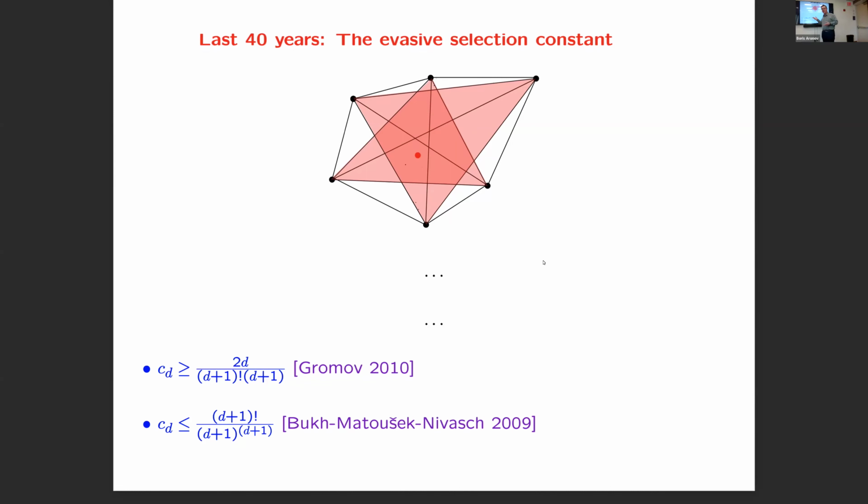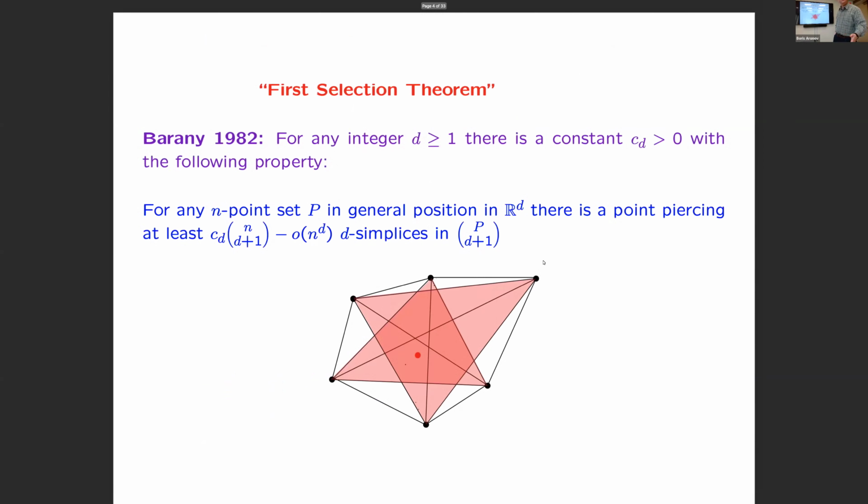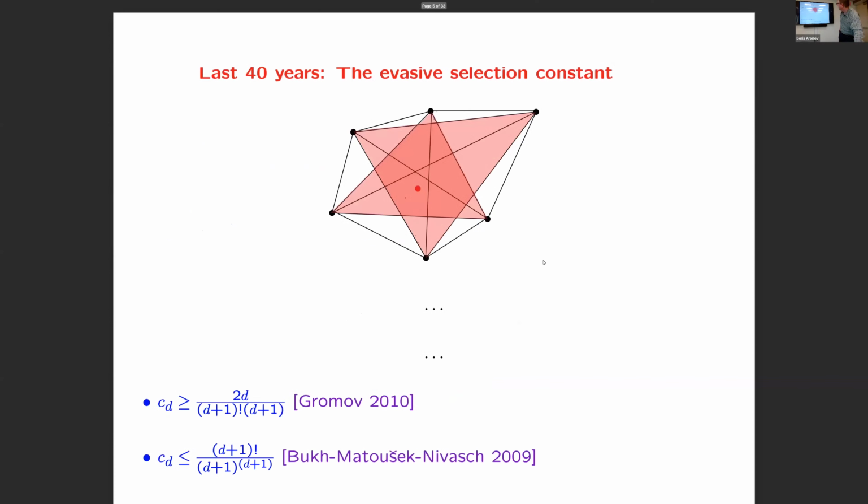It's what is called the space covering number, or there are all sorts of names to it. If you are looking at all the possible n choose D+1 simplices, how many of them can you pierce by a point? It has been studied a lot. It's a mystery to determine this constant.